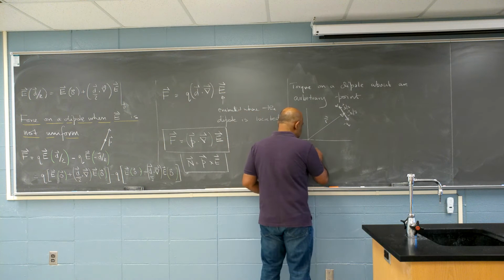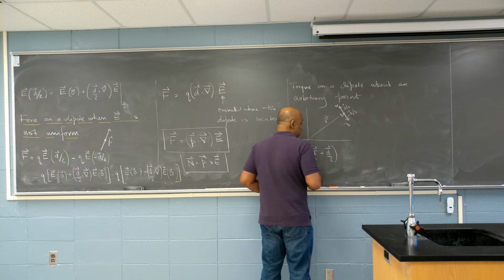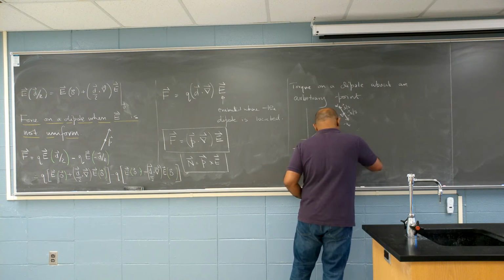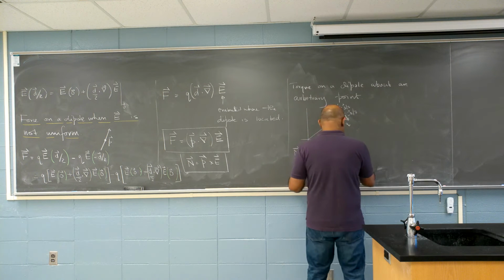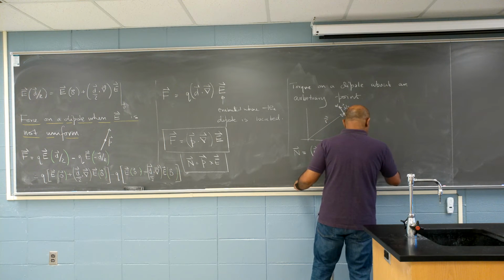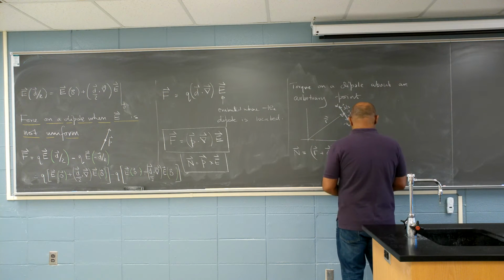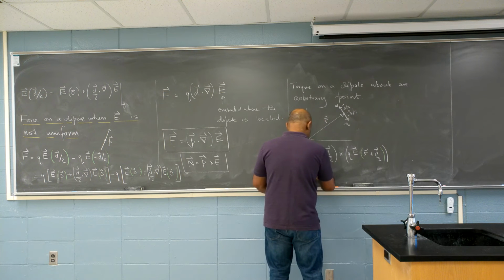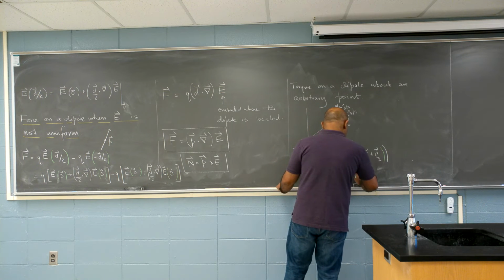But for us, it's going to be R plus D over 2 cross Q times E at R plus D over 2, plus R minus D over 2 cross minus Q E.